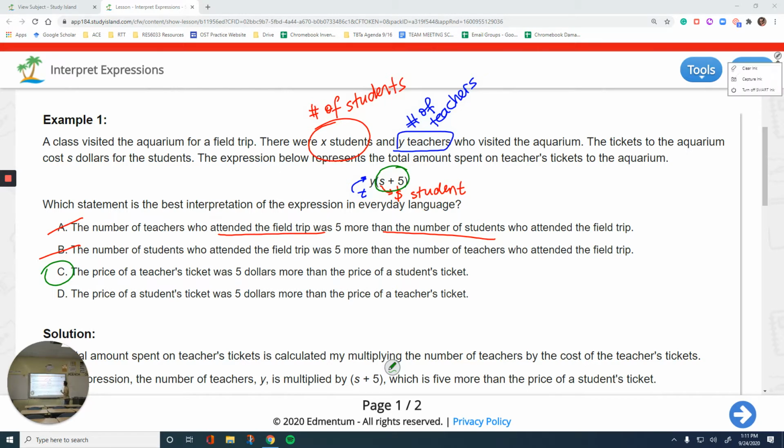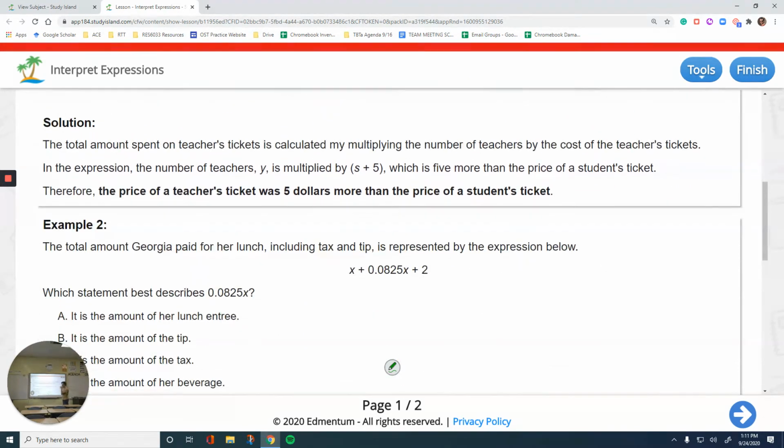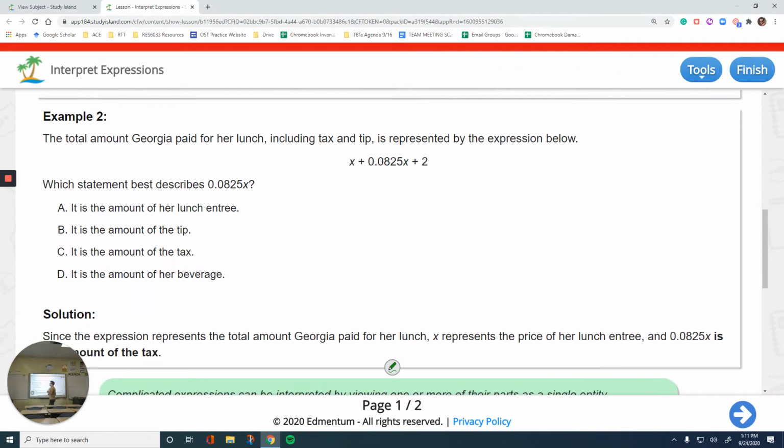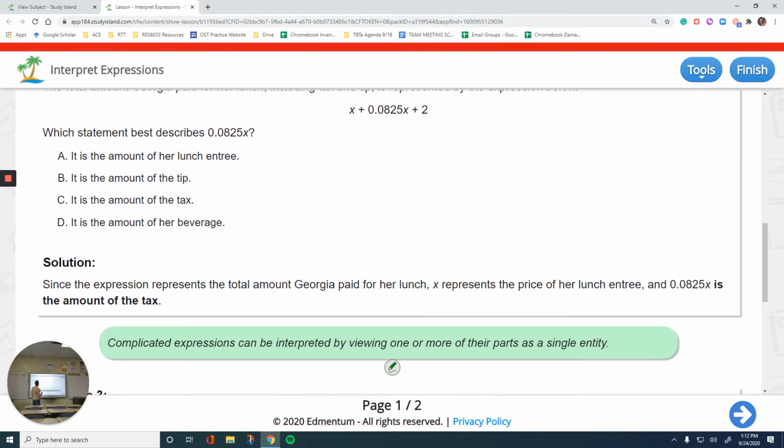Okay, moving on to example 2. The total amount Georgia paid for her lunch, including tax and tip, is represented by the expression below. So, which statement best describes 0.0825 times x? Right here.